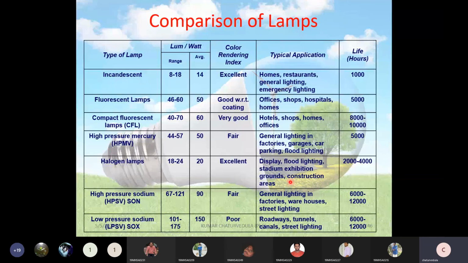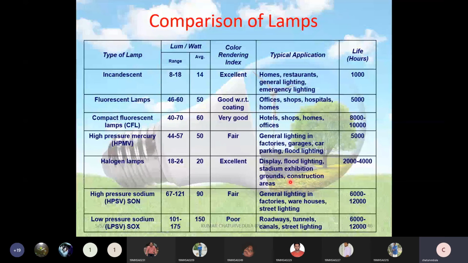High pressure mercury vapor lamps are generally used in factories' outer area highlighting, outdoor lighting. Low pressure vapor lamps can be used for tunnels, canals, and street lighting. Their average life was in the range of 6,000 to 12,000 hours.